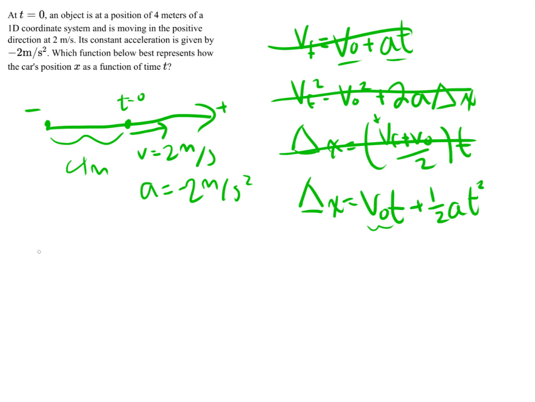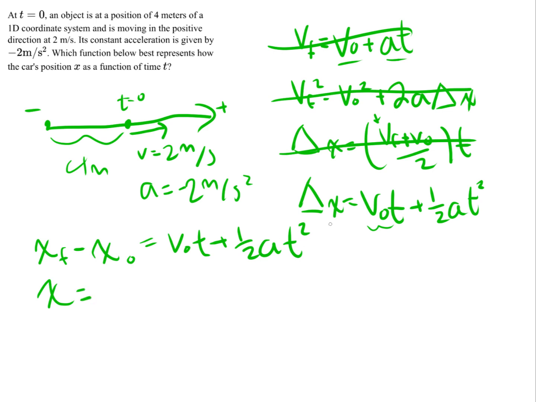The change in displacement, or delta x, is simply given by the final position minus the initial position. From this kinematic equation, that is equal to the initial velocity times the time plus half of the acceleration times the time squared. Now we just need to solve for the position at any given time, where you input the time as a parameter.